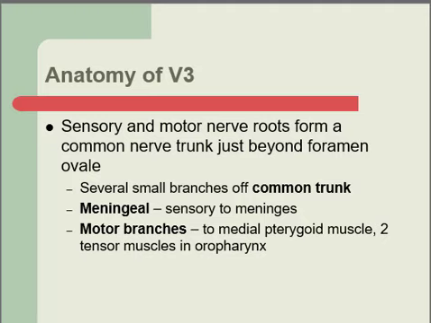We've talked about that before, and those 2 tensor muscles are the tensor veli palatini, which tenses the soft palate and allows us to make those velar consonant sounds by having the tongue touch the stiff palate, and also the tensor tympani, which is within the ear. And that helps us to open up our eustachian tubes, like when you try to pop your ears when you're in a plane.